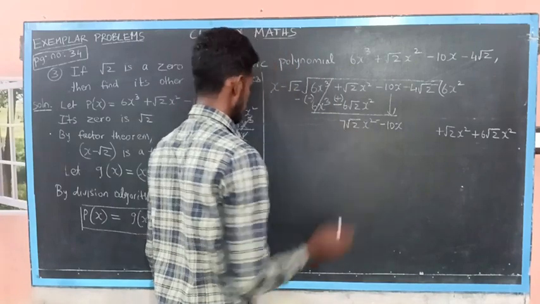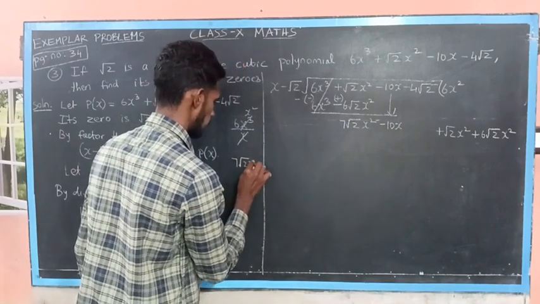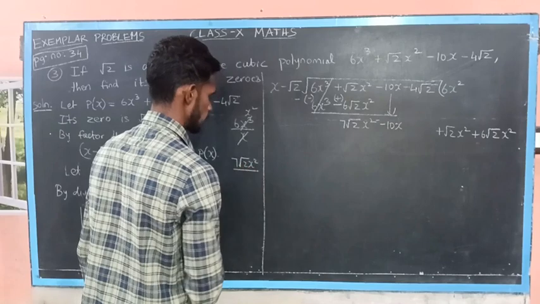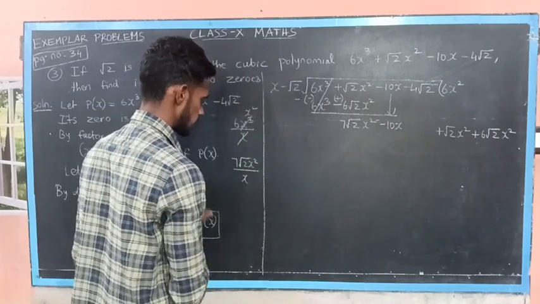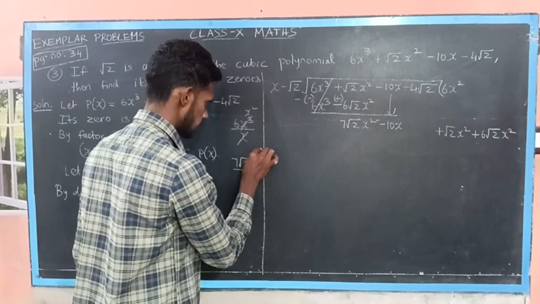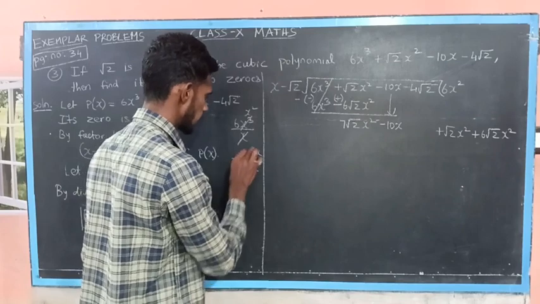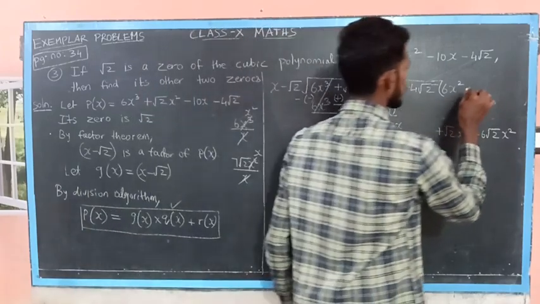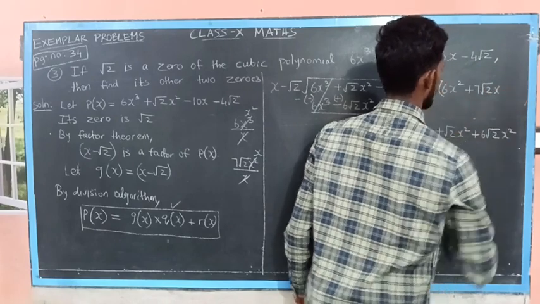Take the first term, 7 root 2 x square. It should be divided by the first term in the divisor, that is x. So x square by x becomes x, so it is 7 root 2 x. So the quotient is plus 7 root 2 x.